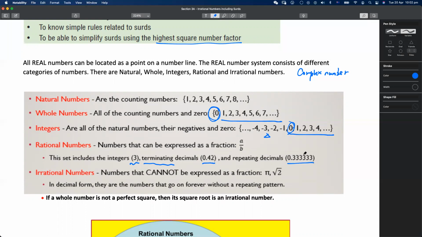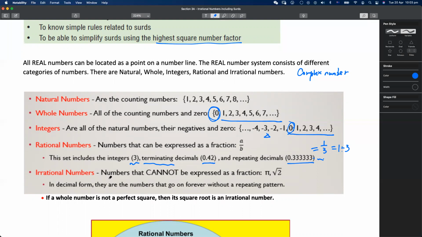For example, 0.33333 and so on. It could go forever if you want. And this is essentially 1/3. The fraction line means division. So 1/3 is like 1 divided by 3. If you calculate 1 divided by 3, you are going to get 0.3333, 3 recurring.